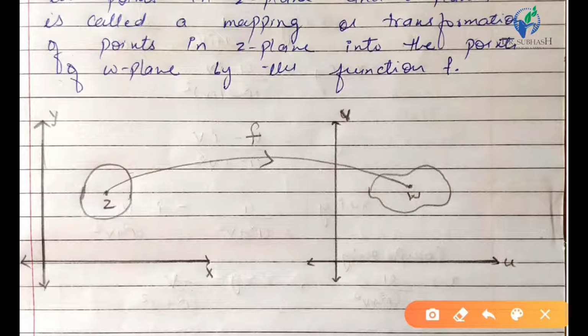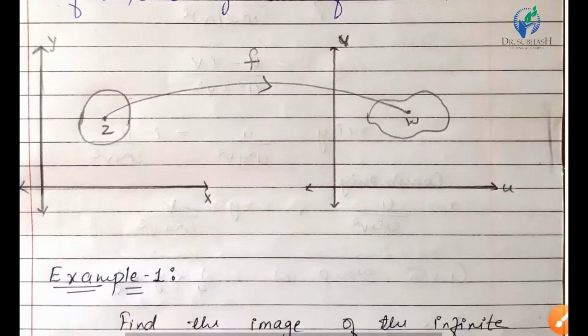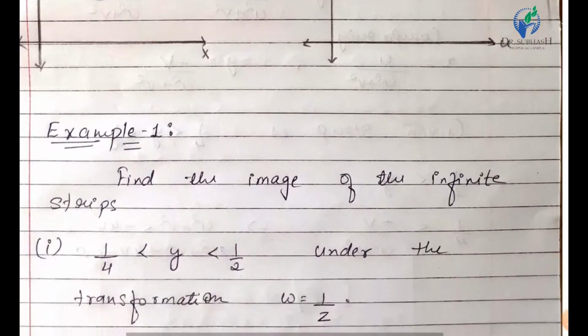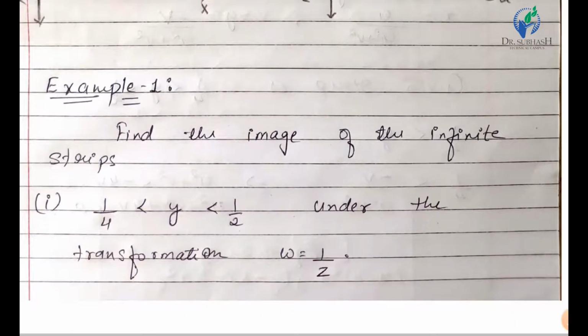Using that, applying the function, we will transform it into u and v plane, that is w plane. Now we will see with some examples how to convert the given data from z plane to w plane.